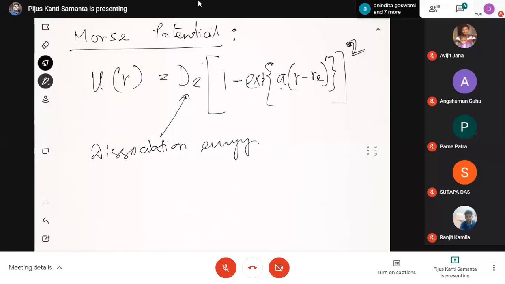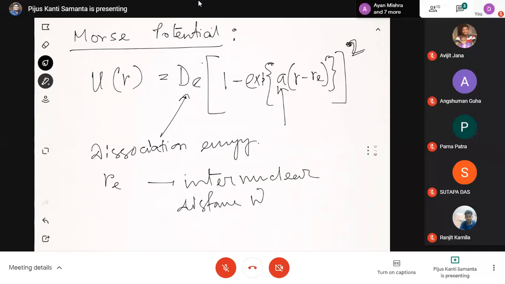And another term is there. This r_e is actually the internuclear distance, which corresponds to U equal to 0. So this is its internuclear distance when U(r) equal to 0. Okay, so this is the potential, and this is actually given by P. M. Morse. That's why this is called the Morse potential.